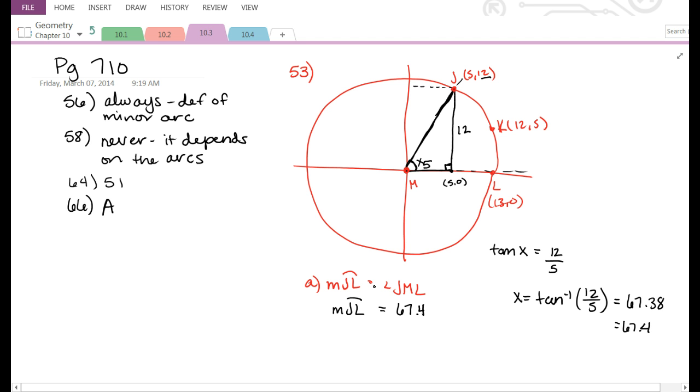Okay? B, finding the measurement of KL is the same thing. I'm going to make this triangle from K, drop it straight down, except now that distance is the X, 12, and the height Y. That's how you figure out the arc measure of KL.